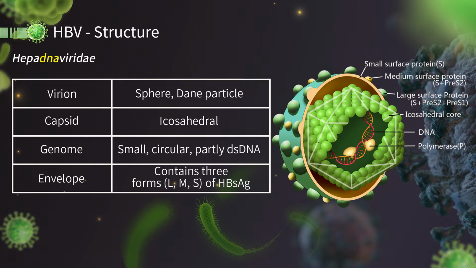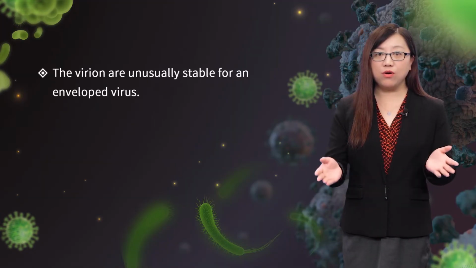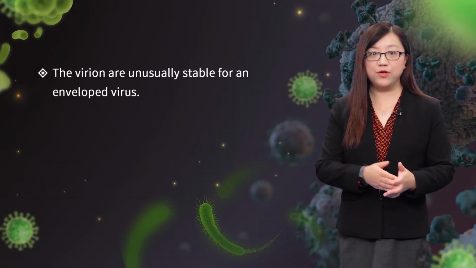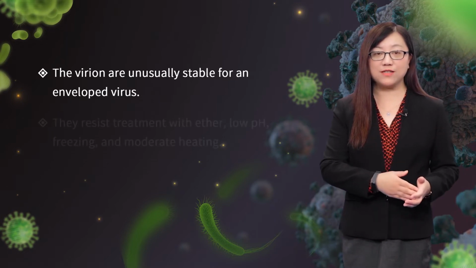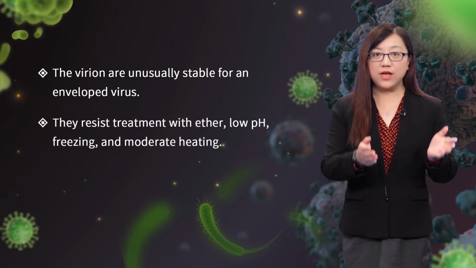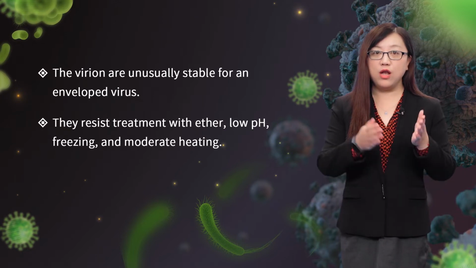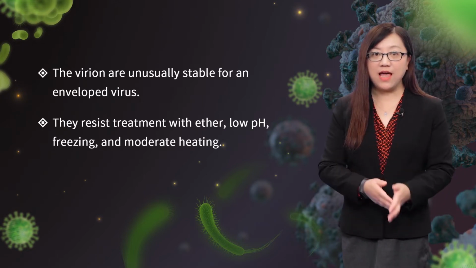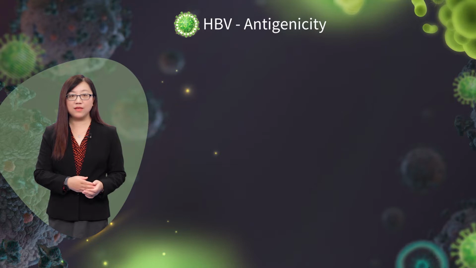A hepatitis B e antigen, HBe antigen, shares most of its protein sequence with HBc antigen, but expresses different antigenic determinants. The virions are unusually stable for an enveloped virus. They resist treatment with ether, low pH, freezing, and moderate heating.